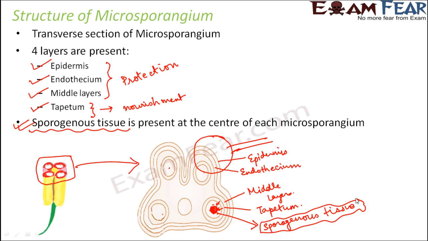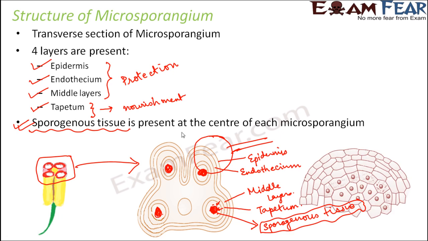So from where will it produce spores? The spores will actually be produced by this sporogenous tissue, which is present at the center of each microsporangium. So everywhere you have this sporogenous tissue. Now the question is how the sporogenous tissue gives rise to the male gametes. That process we are yet to understand. So I hope now you are clear with the structure at least.